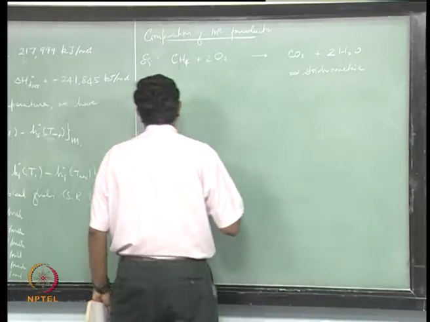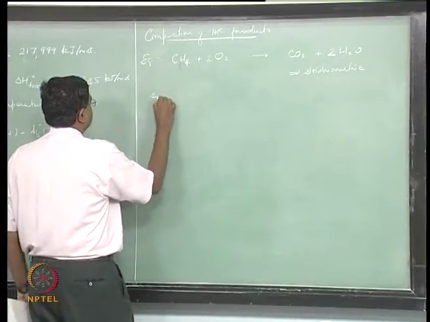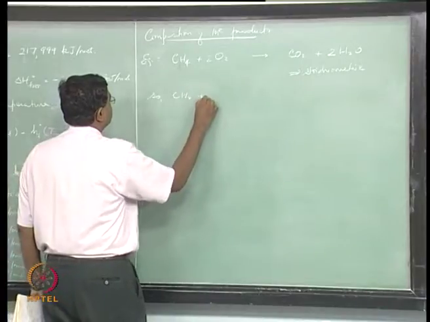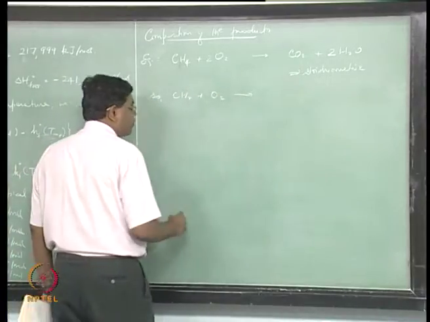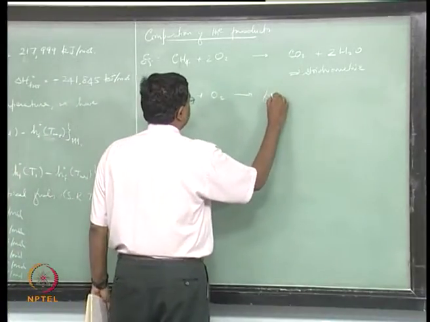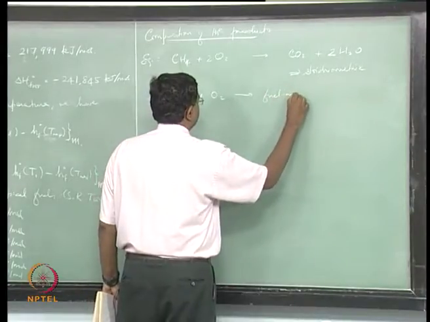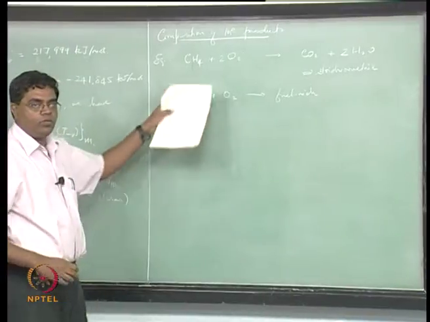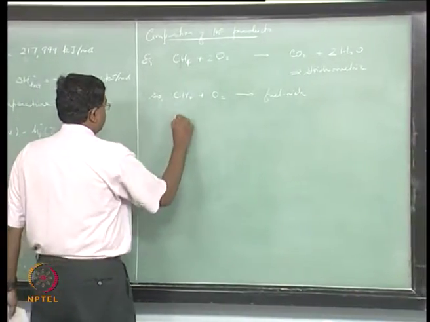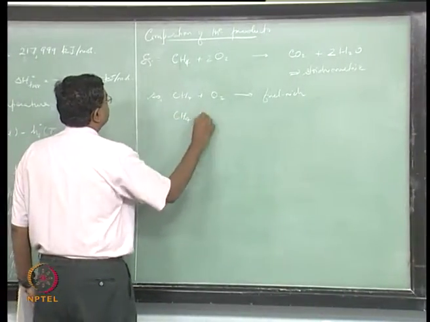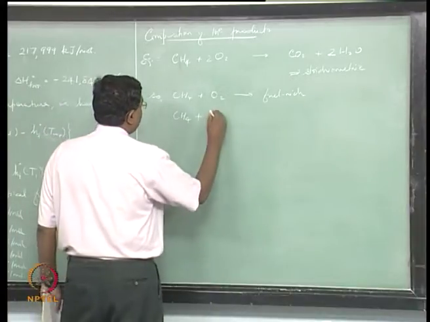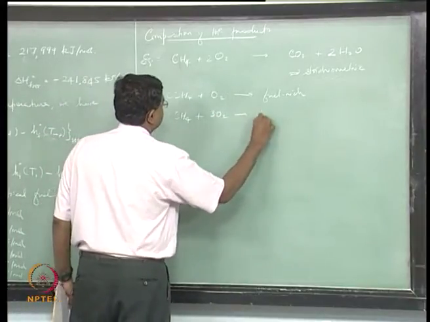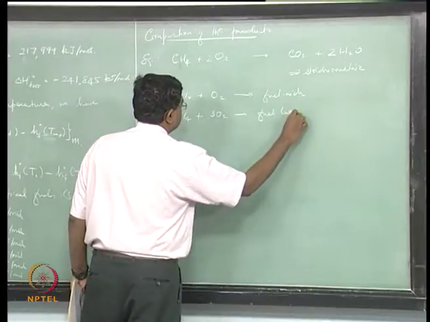So CH4 plus O2 will be fuel rich, because we are starving the system of 1 mole of oxygen, and CH4 plus, let us say, 3 O2 is fuel lean, right?